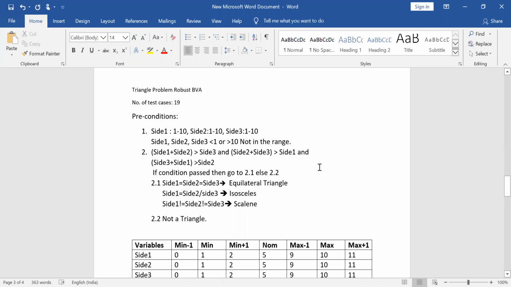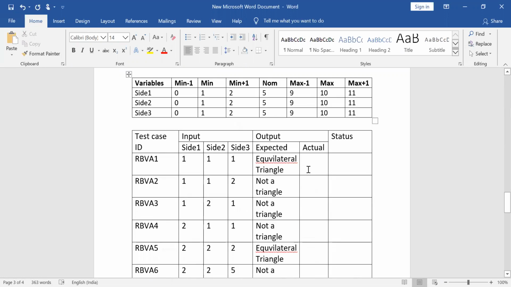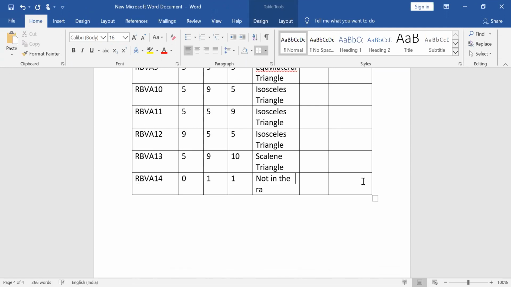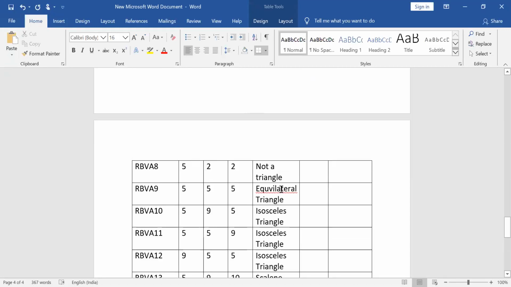This is what I wanted to print. You may get in the actual output that side 1 is less than the minimum range. That's also possible, but not in the range is what we are targeting.